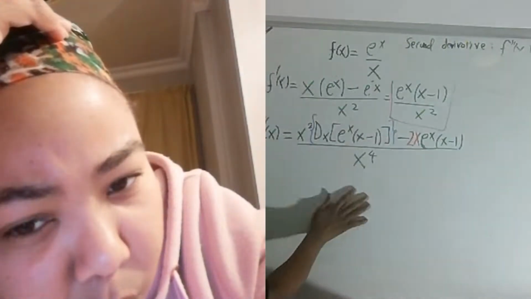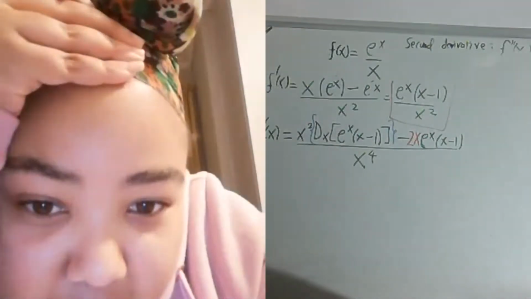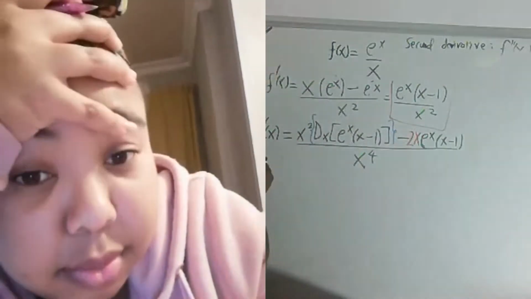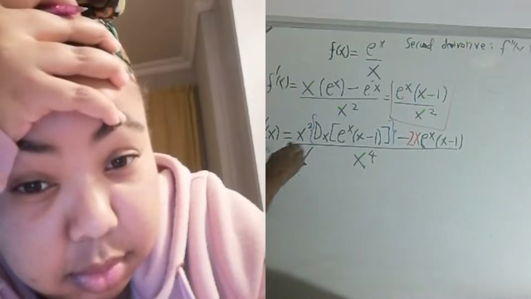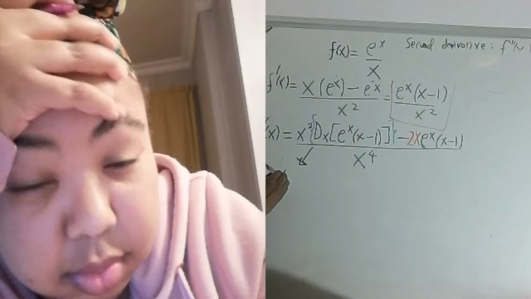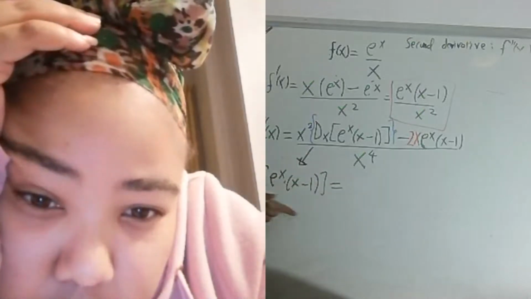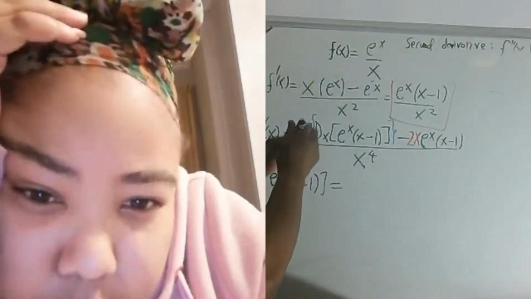We don't want to write it there, it's going to be too messy. So let's take this one here and differentiate the x minus 1. Now, what type of differentiation is this? Product rule. So how are you going to say it again?